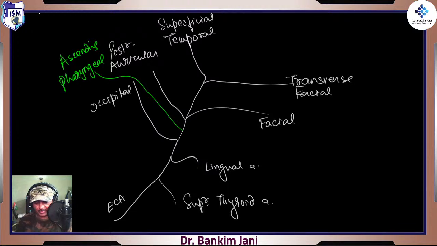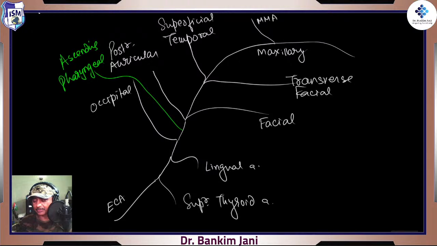And now this continues as maxillary. This is the main maxillary. And this maxillary will give one branch, that is middle meningeal artery, right? And then it will be giving branches like alveolar branches, and then the branches to the muscles of mastication.